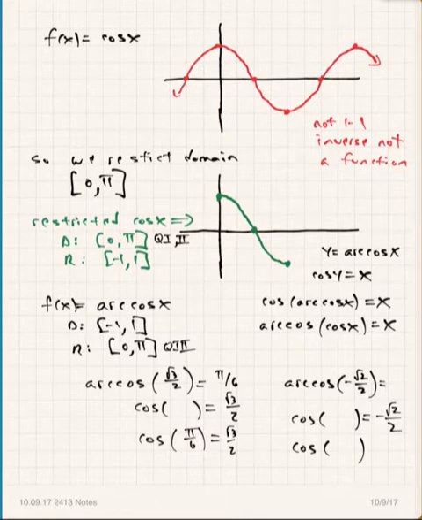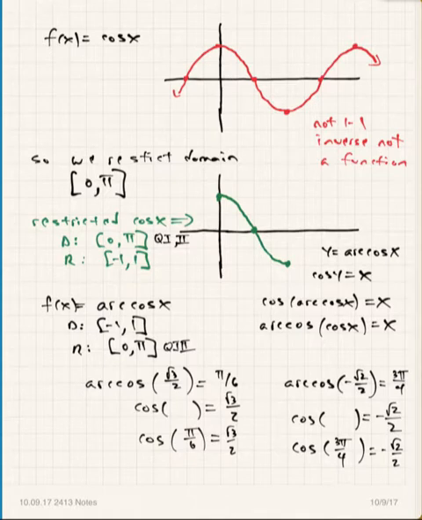So this has to be a quadrant 2 angle, and so this would be 3 pi over 4 right here. And so the cosine of 3 pi over 4 is negative square root of 2 over 2. And so the arc cosine of negative square root of 2 over 2 would be 3 pi over 4, like that.